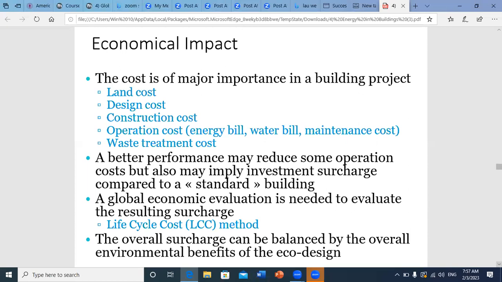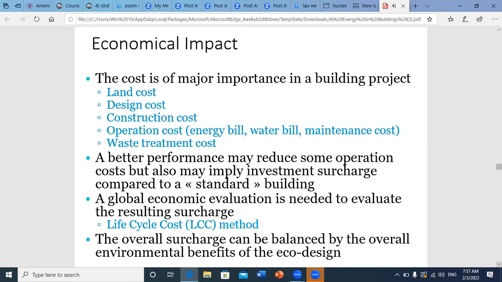In next chapters, we'll develop a lot of economical techniques that can help us perform the economical analysis for an energy project. A better performance may reduce some operation costs, but also may imply investment surcharge compared to standard building. A global economic evaluation then will be needed to evaluate this aspect.